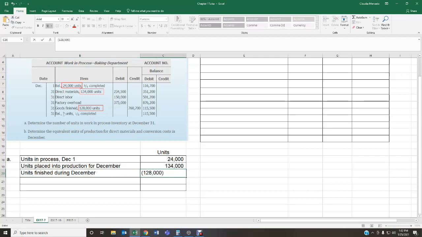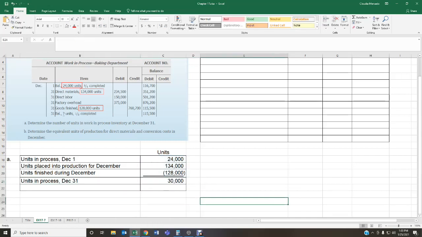These units were finished, complete. I can deduct them. Okay? So now I started with 24,000 units. I added 134 during the month. I finished 128. So then how many do we have in process at the end of the month? Okay. I'm going to go ahead and add these. And that gives me 30,000 units.